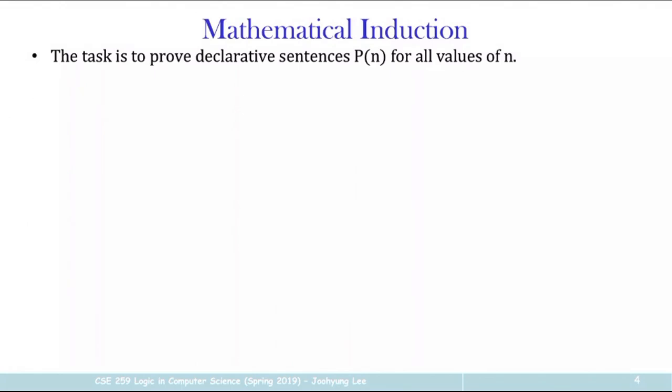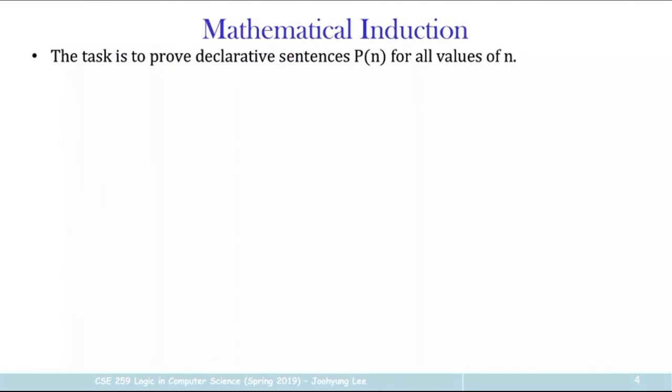let me start by reviewing what induction is. Mathematical induction is about proving sentences of the form P of n. This is not a single sentence because n ranges over all possible values.